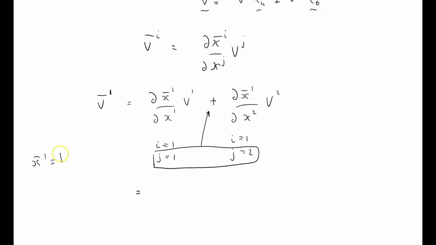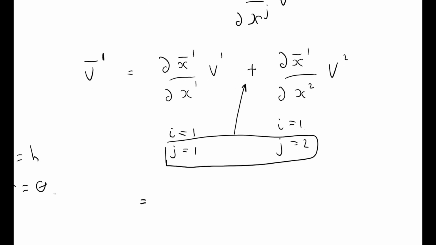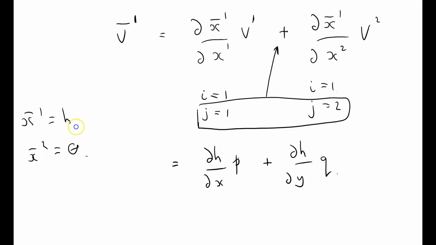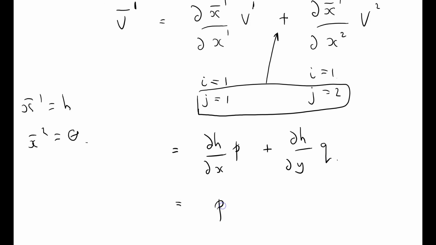So here we've got partial h by partial x, times v1 in the unbarred system, which was just p, plus partial h by partial y times q, equals p, because look, we know that h equals x, and theta equals arctan of y over x.